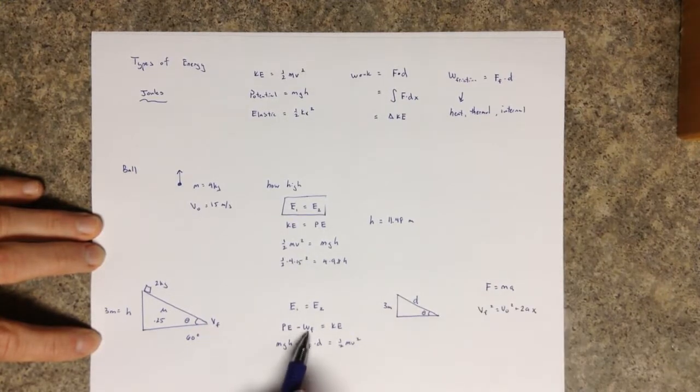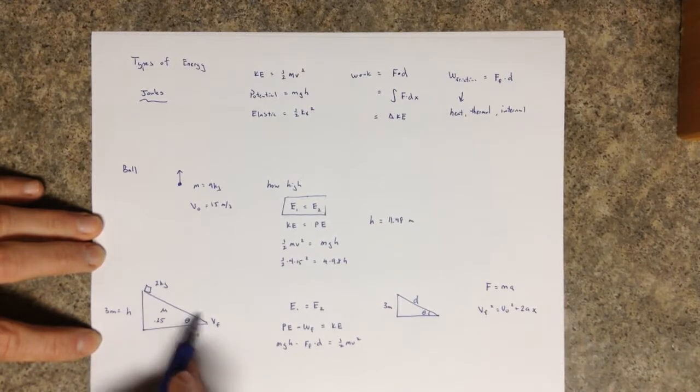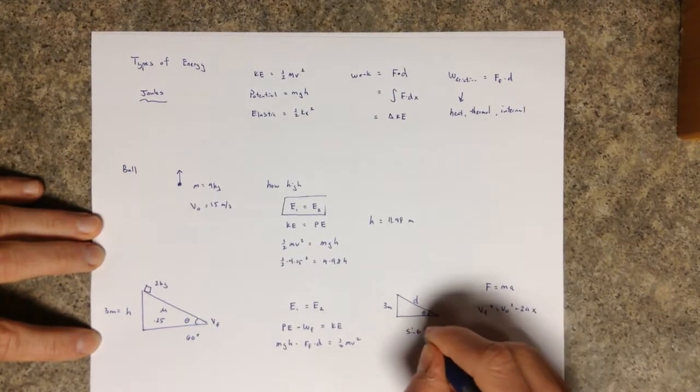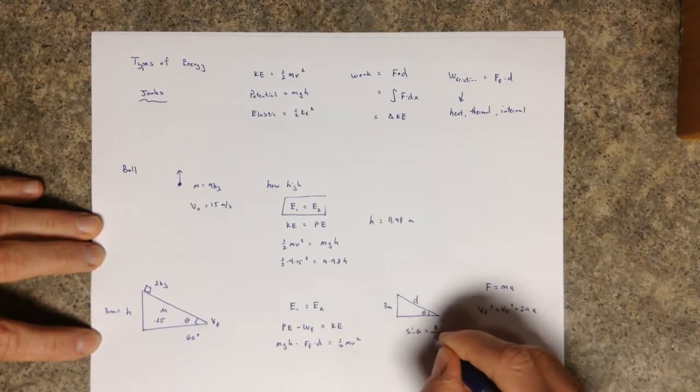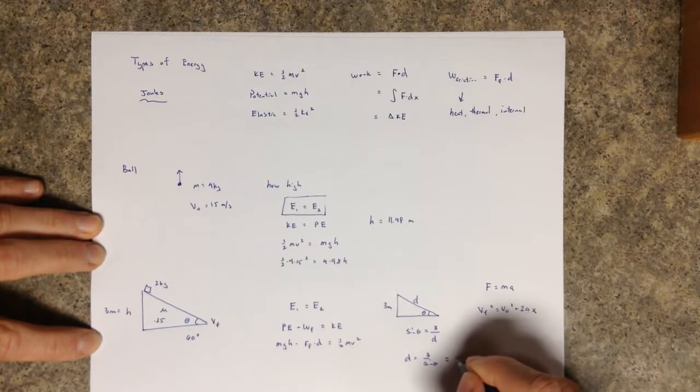Because the force of friction acts on this distance. So the ramp distance is the important part when you're looking at the work done by friction, whereas potential energy is all based on height. If you think about that, sine theta is 3 over d, so d equals 3 over sine theta. And that equals what, 3.46?